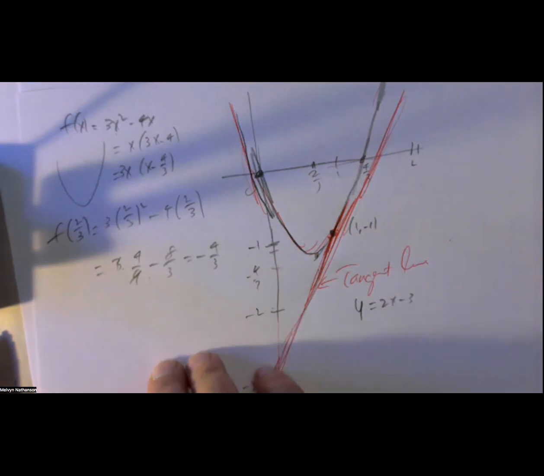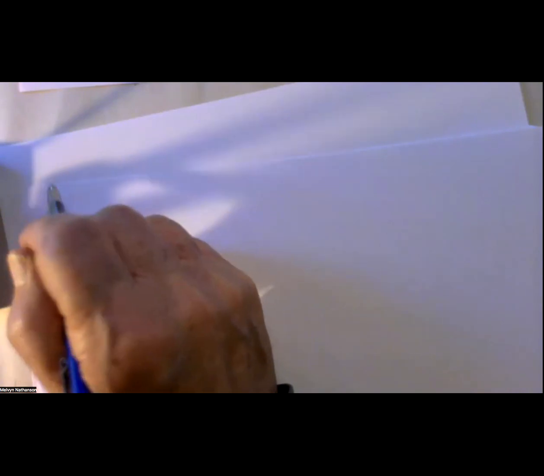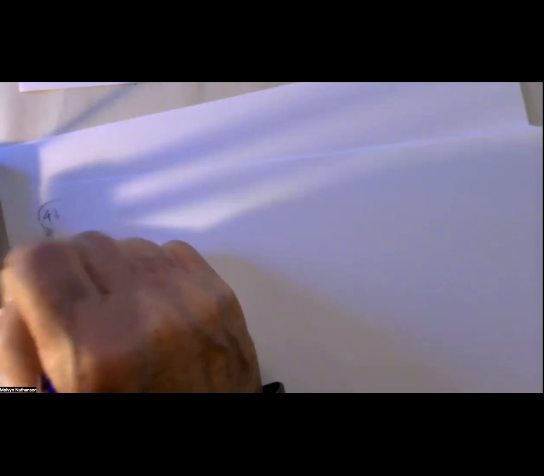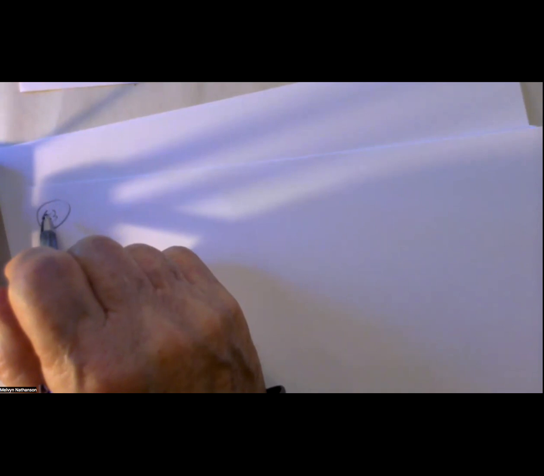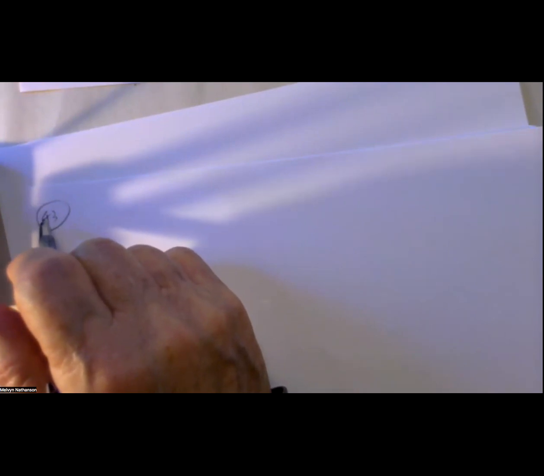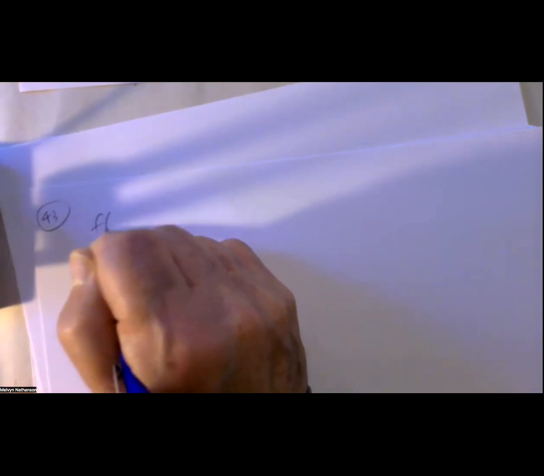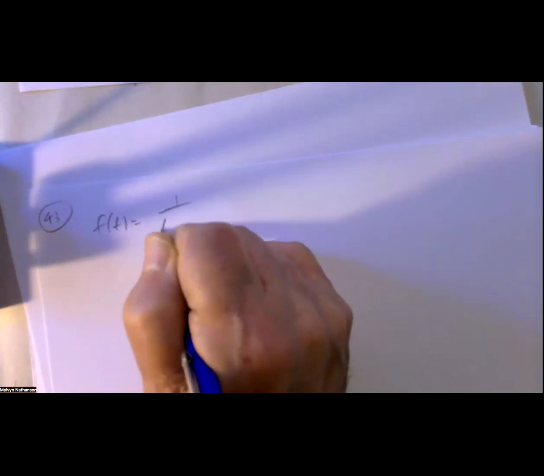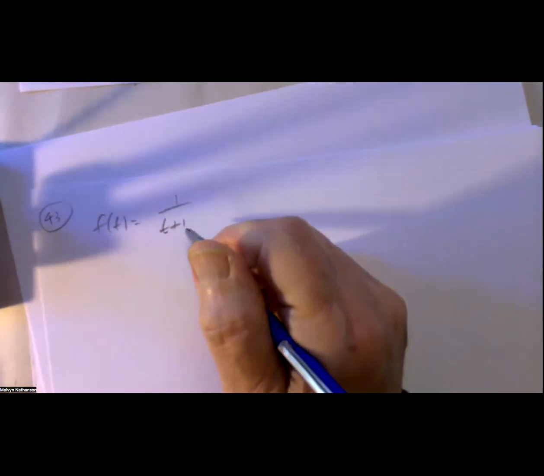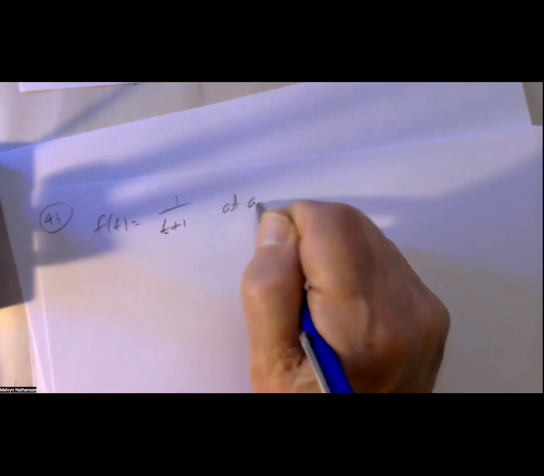Let me do another example from the text. So this is again in section 3.1. Problem 43. Find the derivative of the function f of t equal 1 over t plus 1 at the point a equal to 1.